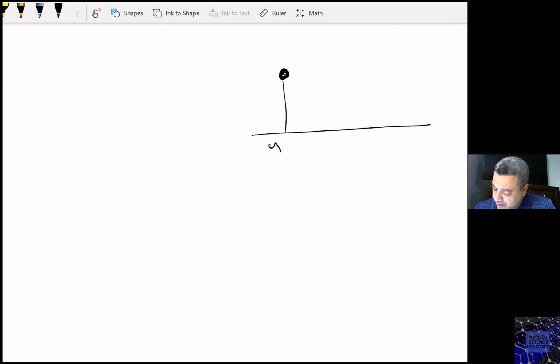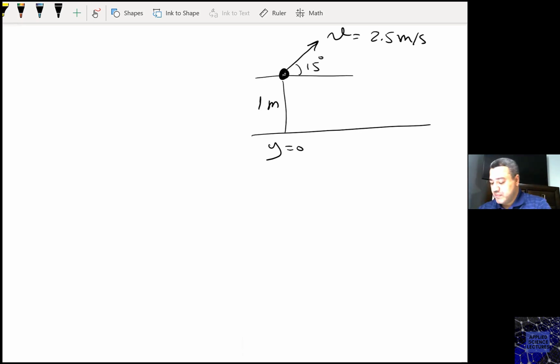This is my reference, y equals 0. This is the height, 1 meter. Velocity is 2.5 meters per second. Angle 15 degrees above the horizon.